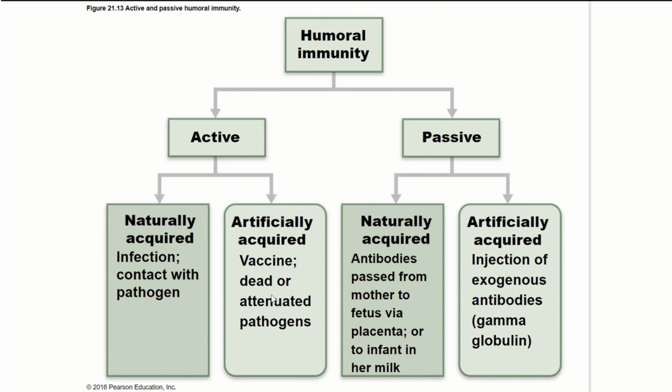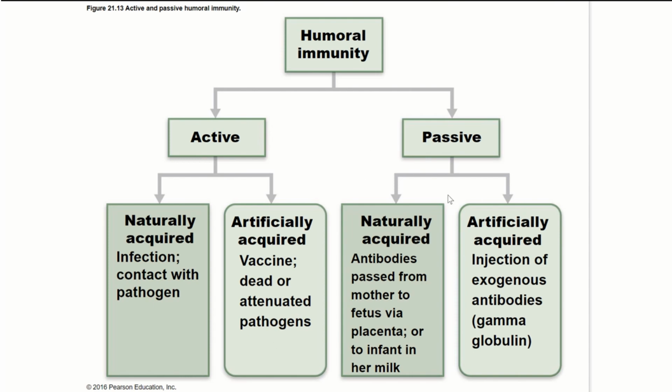Vaccines are either dead or attenuated pathogens, which means we've taken the parts that would be used as antigens and just inject those. So either we've taken away the DNA out of the infective agent, the pathogen, or we're just using the parts.